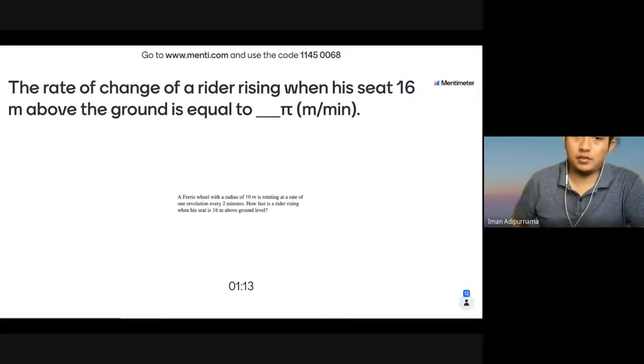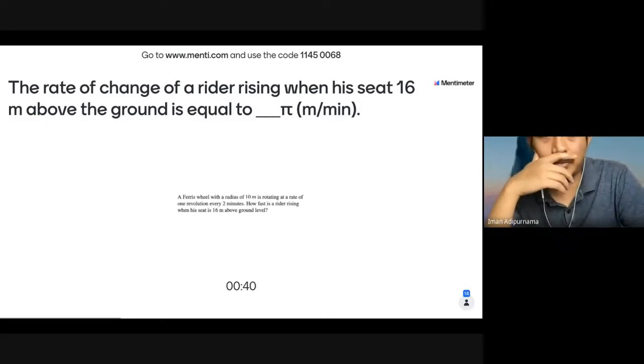Around 1 minute. If the time is too short, then maybe the question is too difficult for this small quiz. Around 35.